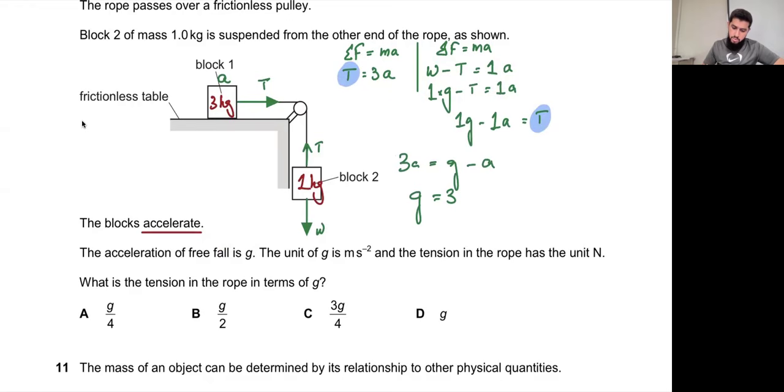T is equal to W minus T is equal to MA. Okay. 1G minus 1A.